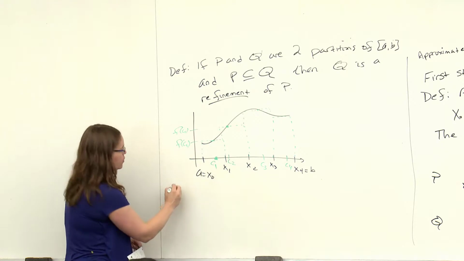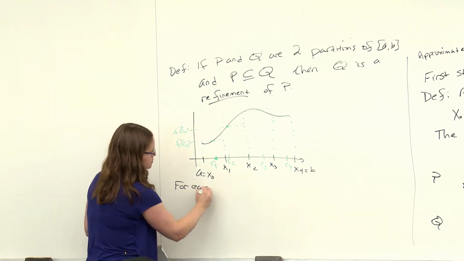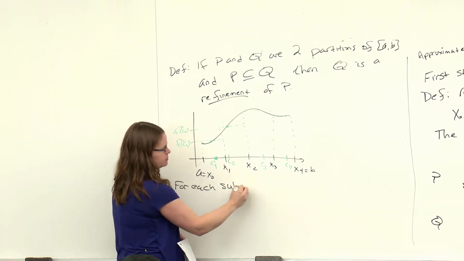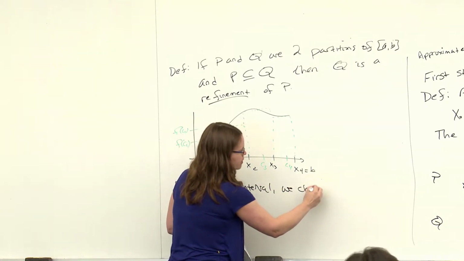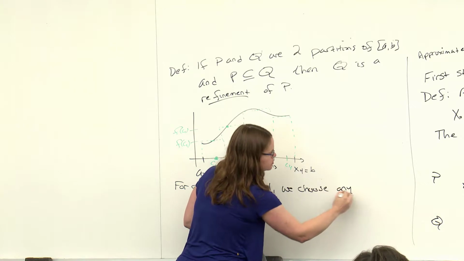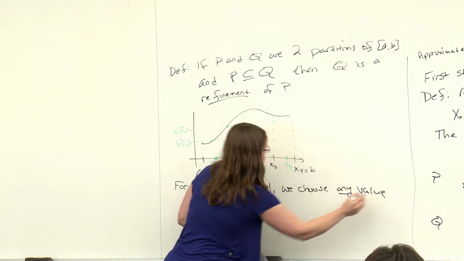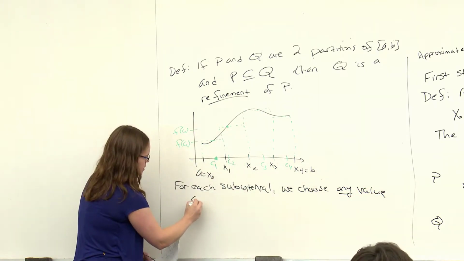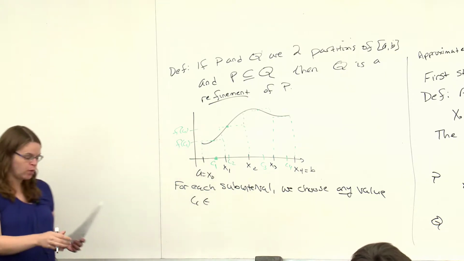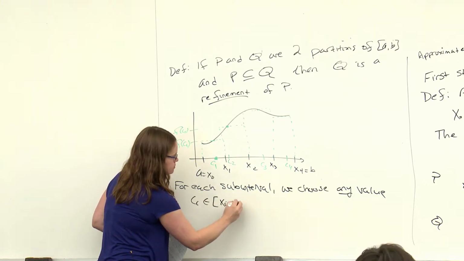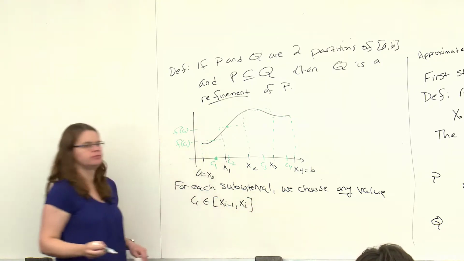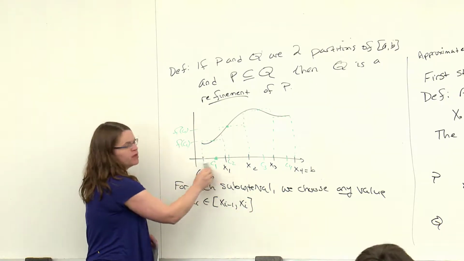Okay, so for each subinterval, what have we done? We choose any value, c_i, that lives between x_{i-1} and x_i. Okay, so c1 could have been any of these guys.